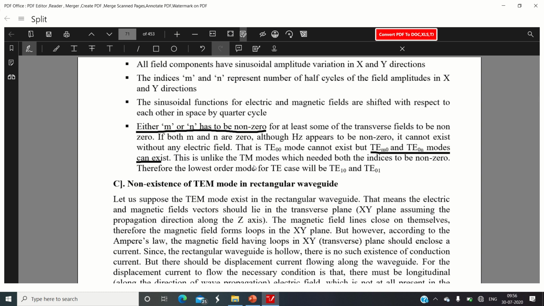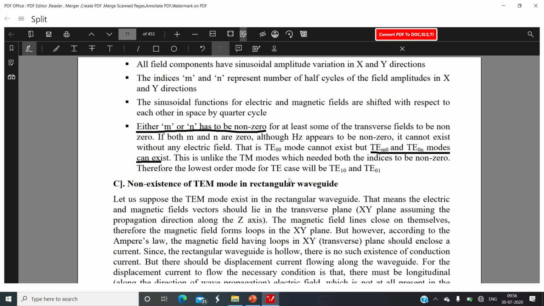In a TM mode of a rectangular waveguide, we saw that in order for the transverse field components to exist, the indices m and n both have to be non-zero. But in the case of TE mode, what we understood is that in order for some of the transverse field components to exist, either m or n has to be non-zero.